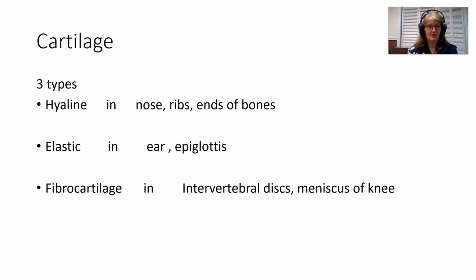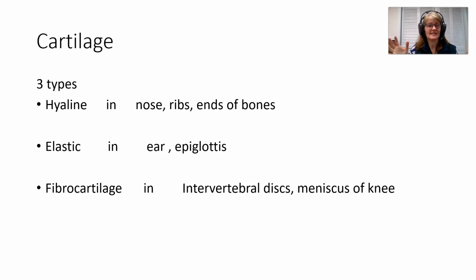So let's look at cartilage. There are 3 types of cartilage. Hyaline cartilage, which we find in our nose, the ends of bones, and at the end of our ribs. That's a very, very smooth cartilage. It allows us to have less friction at the end of our joints, and we can move our bones easily in a joint.